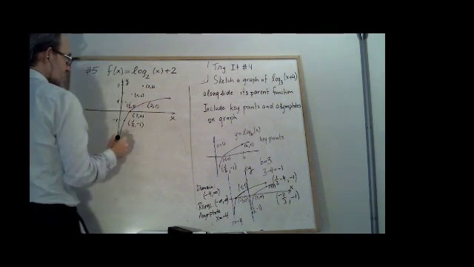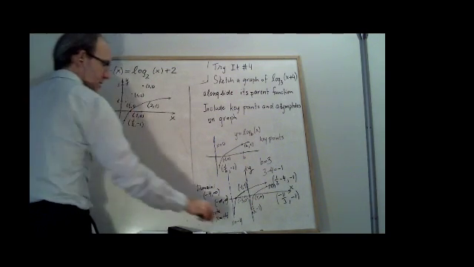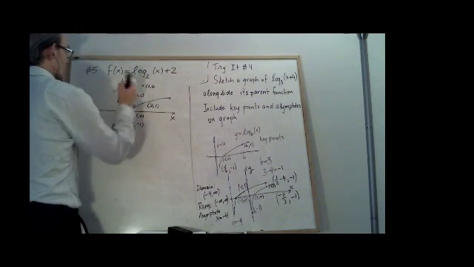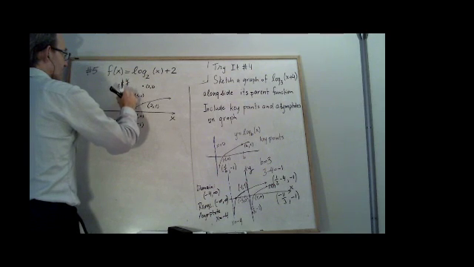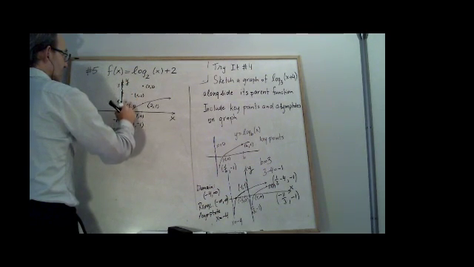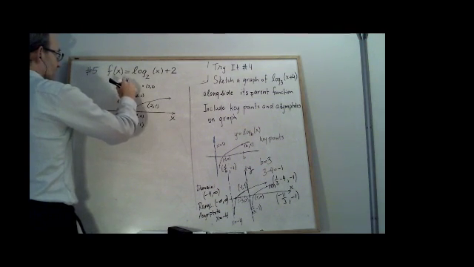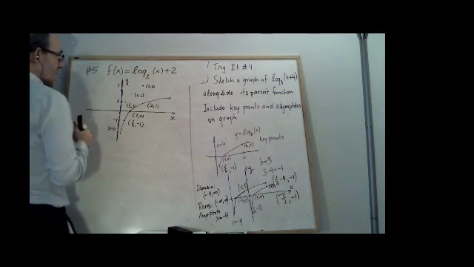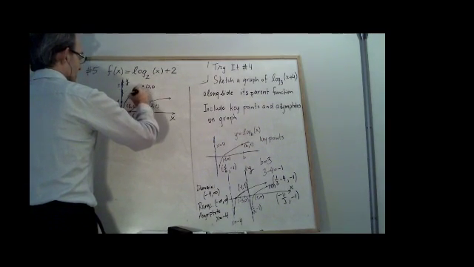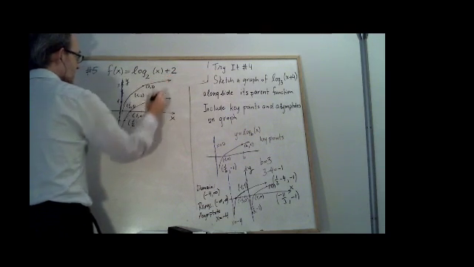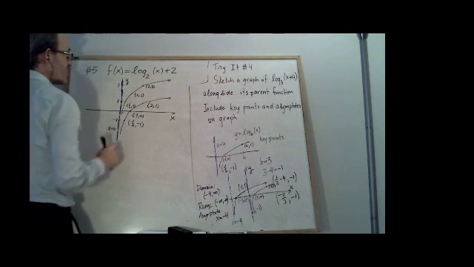And the asymptote is still x equals 0. Those will be 3 key points, and that's going to be the shape of the graph. It's the original parent graph shifted up by 2.